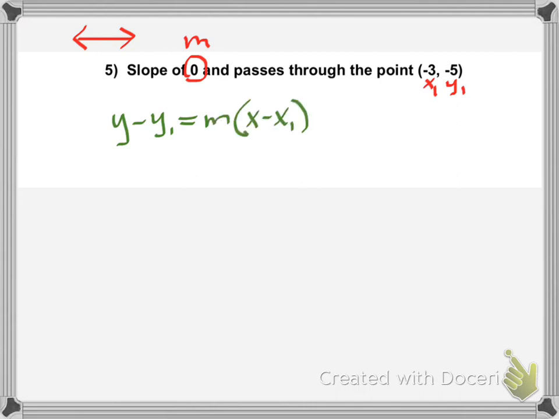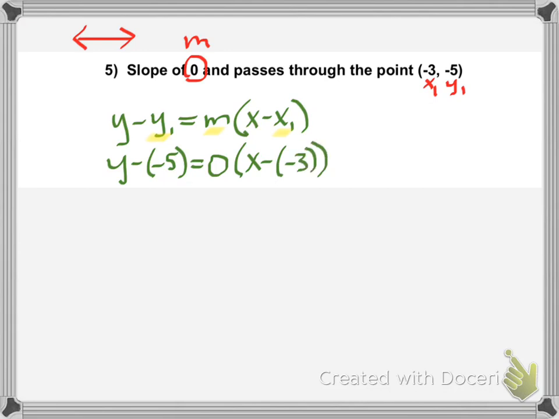Hopefully you're starting to kind of memorize this formula because we're writing it so much. Remember, we're going to place the m, the x1, and the y1. We're going to leave the other y and x where they are. So we've got y minus, my y1 is -5, put it in parentheses, equals, my m is 0. Parentheses, x minus, my x1 is -3.